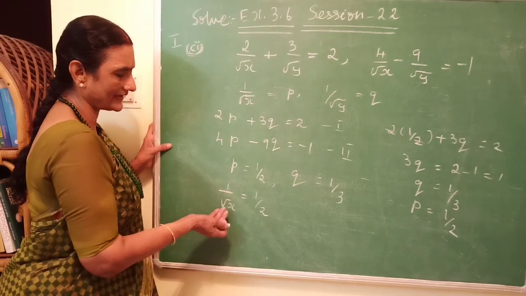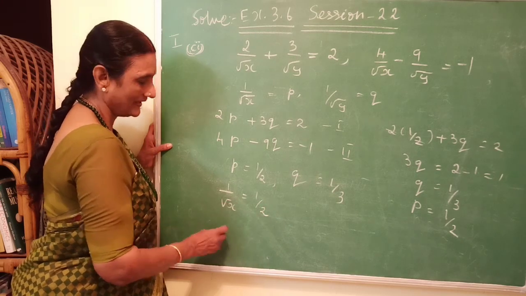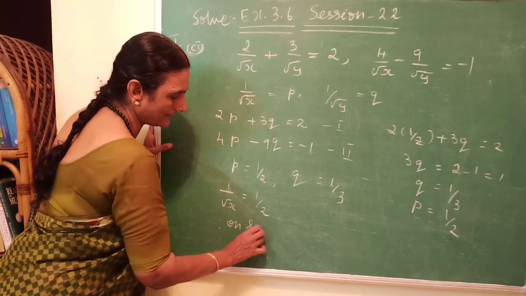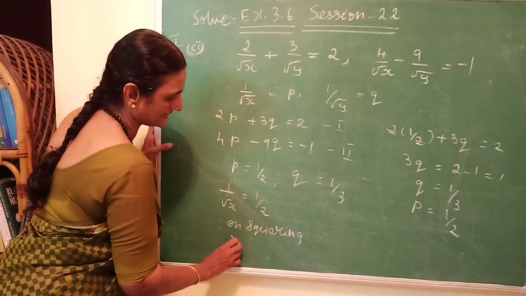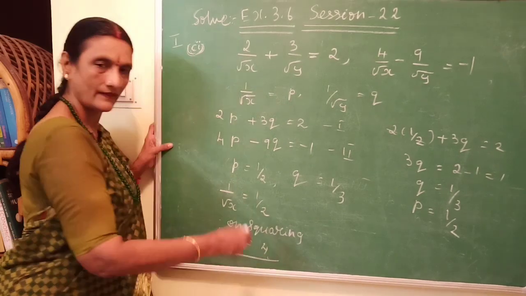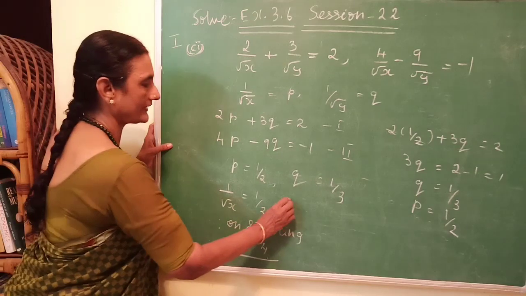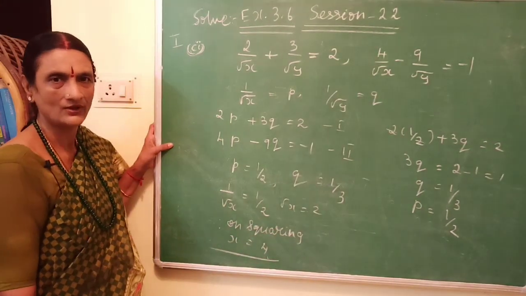Here itself we can say root x is equal to 2. Therefore on squaring we get x is equal to 4. Is it clear? Root x is equal to 2, therefore on squaring we will get x is equal to 4.